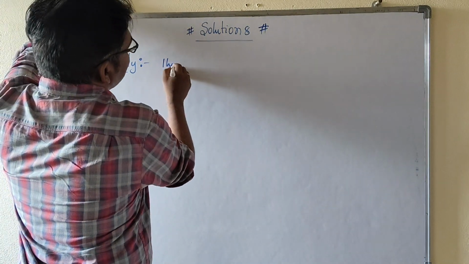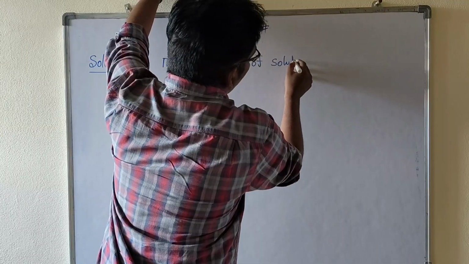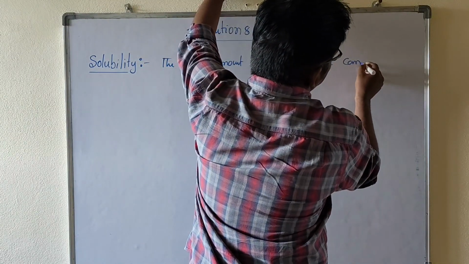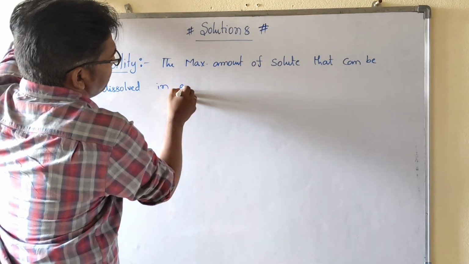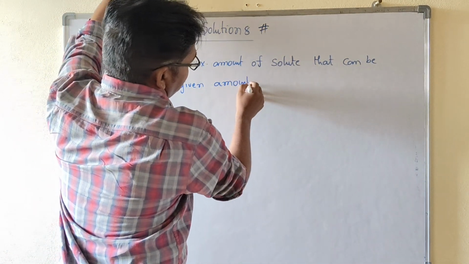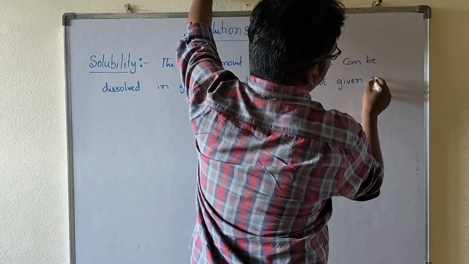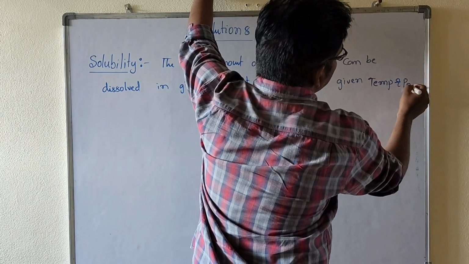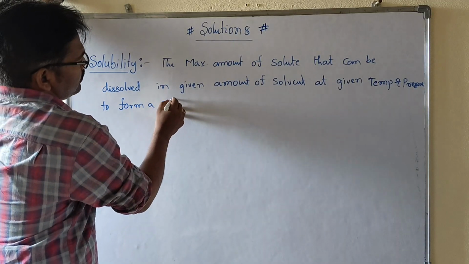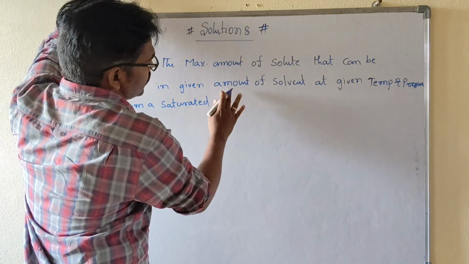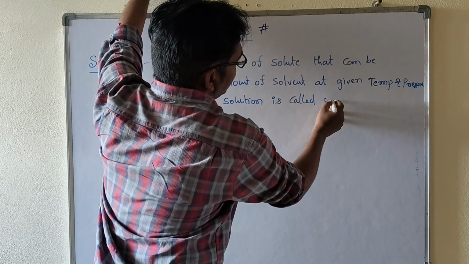What is solubility? The maximum amount of solute that can be dissolved in a given amount of solvent at a given temperature and pressure to form a saturated solution is called solubility.